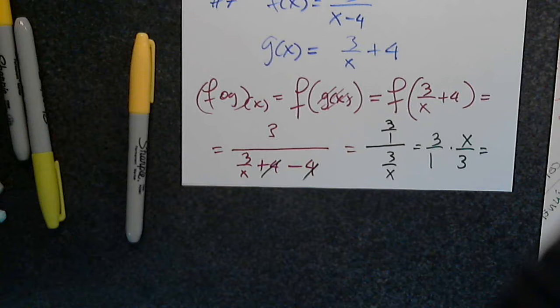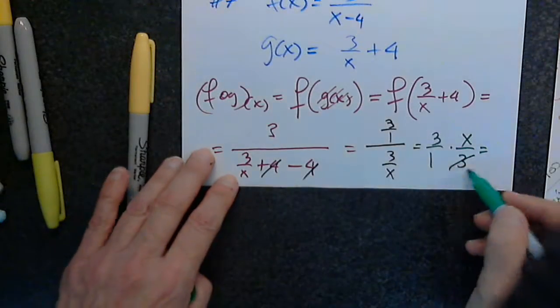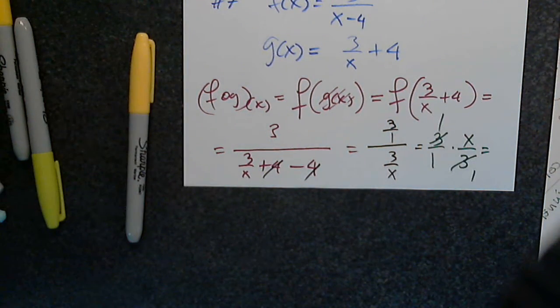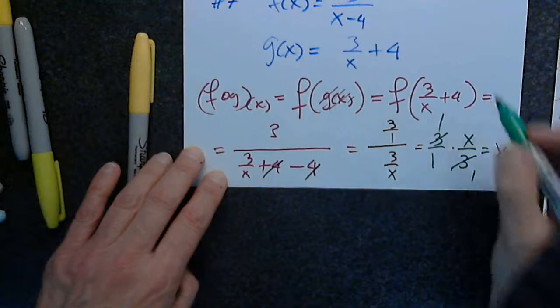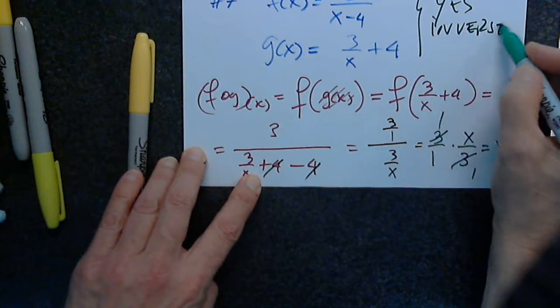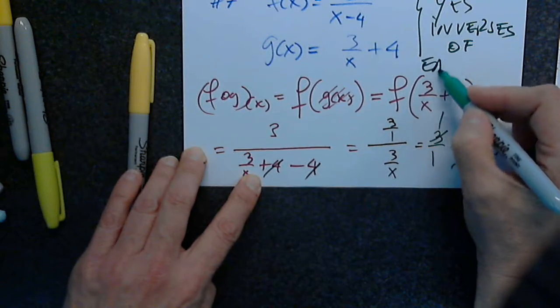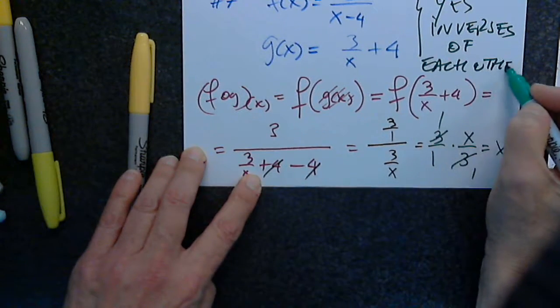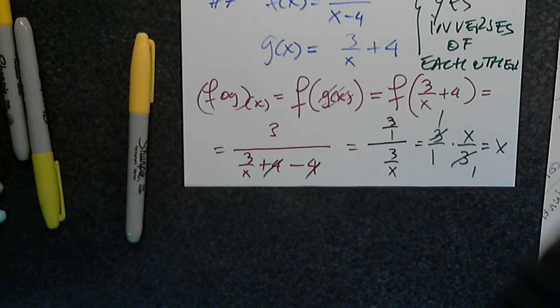If this answer is x and plain x, not x plus 1, not x over 3, nothing else but plain x, and it is, what do I conclude? Yes, inverses of each other. I checked. F comp g is x. G comp f will be x as well.